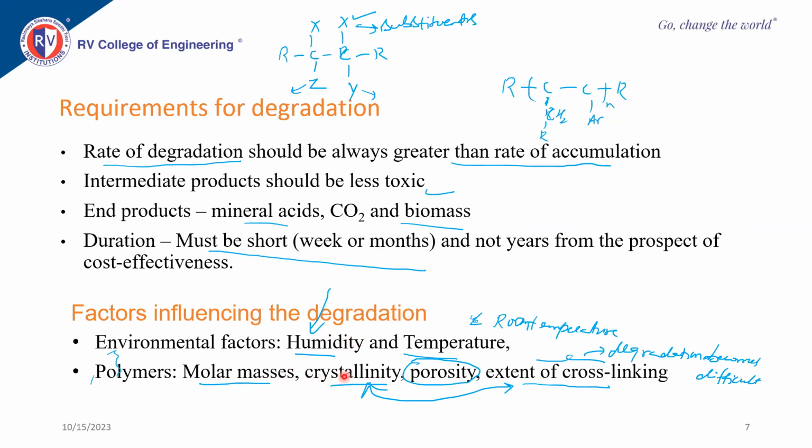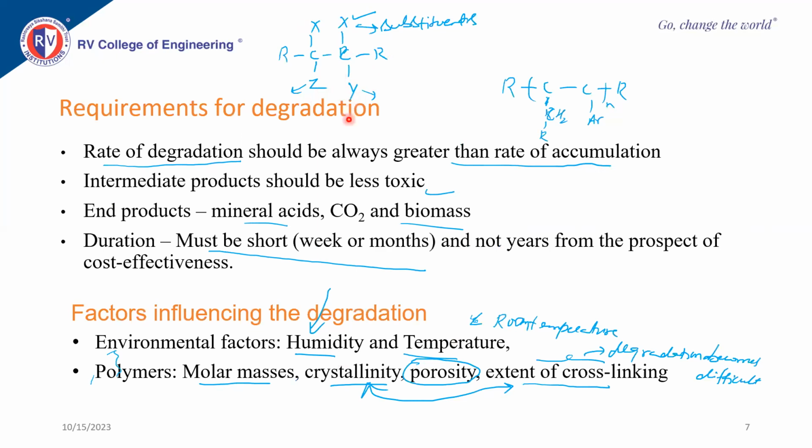As far as the properties of polymers are concerned, we have crystallinity and extent of cross-linking. Both refer to the same, particularly confining to the arrangement of side chain substituents over the principal carbon chain. If there is a random arrangement, it is very difficult to degrade because of low crystallinity.